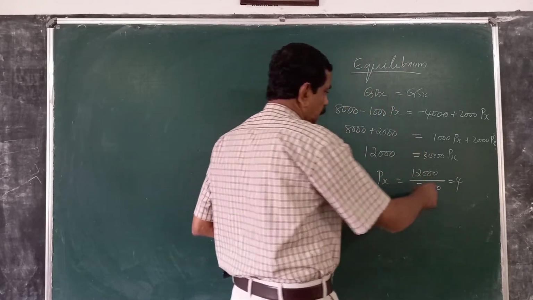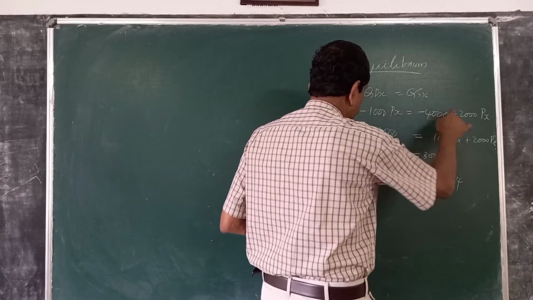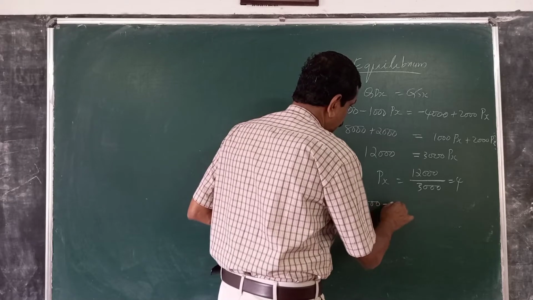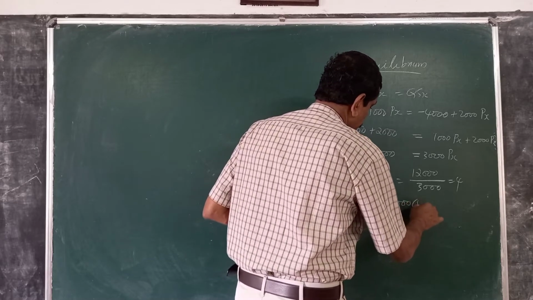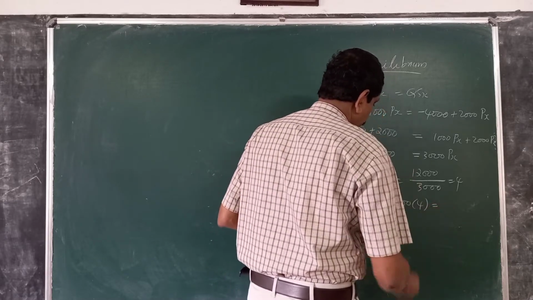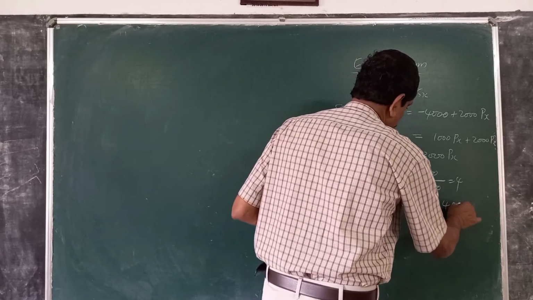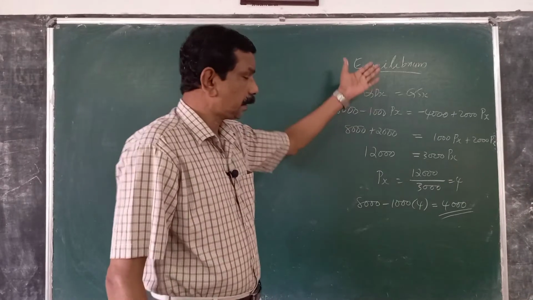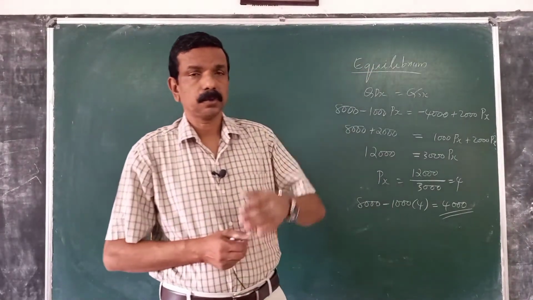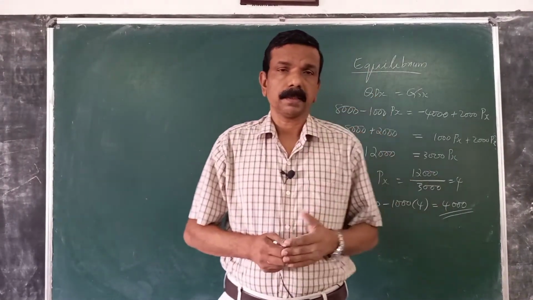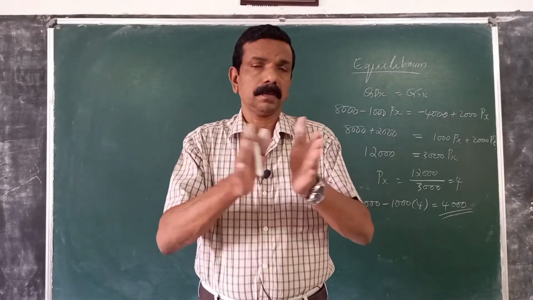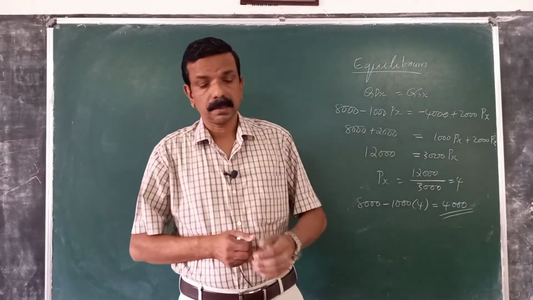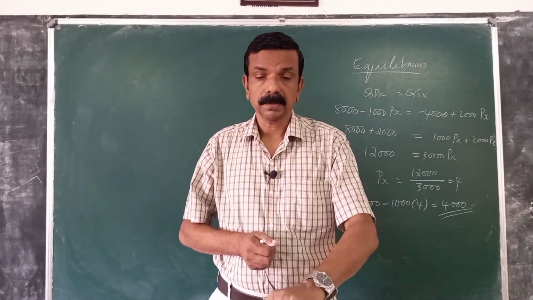Substituting the value of 4 in either the demand equation or the supply equation, for example 8000 minus 1000 into 4, is equal to 4000. So we can derive equilibrium using demand and supply curves, or we can equate quantity demanded to quantity supplied to find out equilibrium.